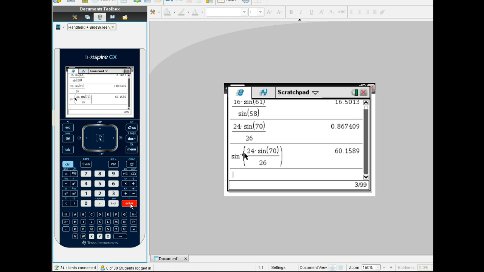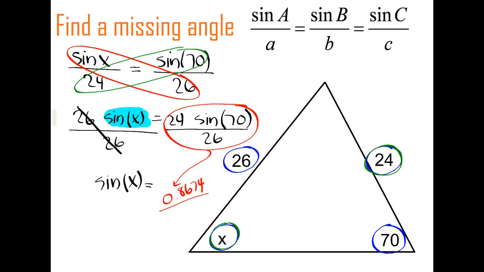That's going to give me a precise value of 60.16 degrees. Does that seem about right for our answer here? If you look at the sides, opposite of the bigger angle is the bigger side, so it does seem to make sense. And that's how you find a missing angle using law of sines.